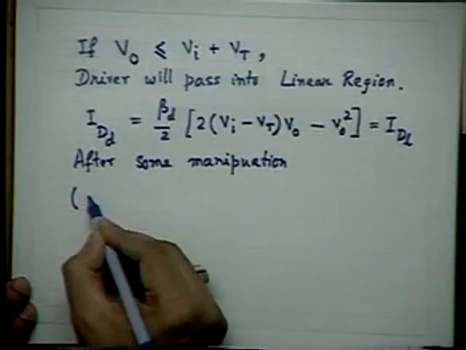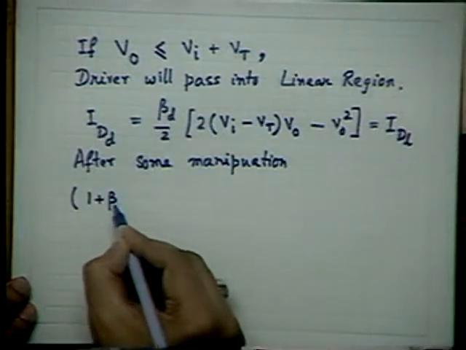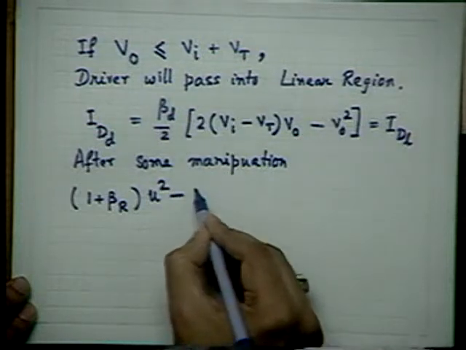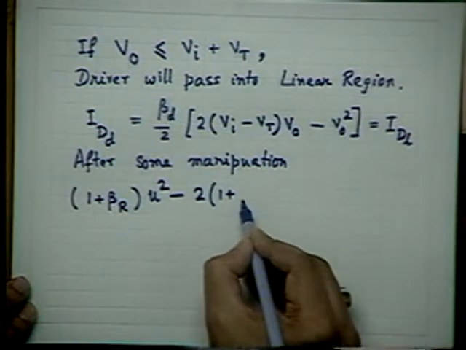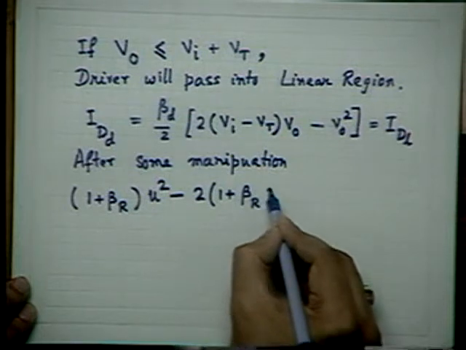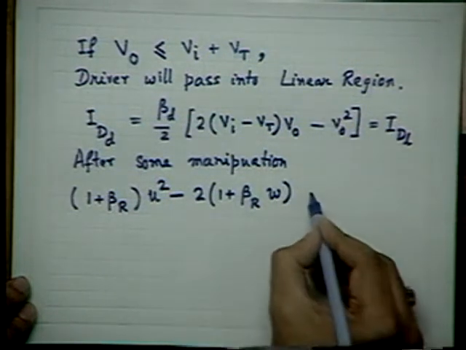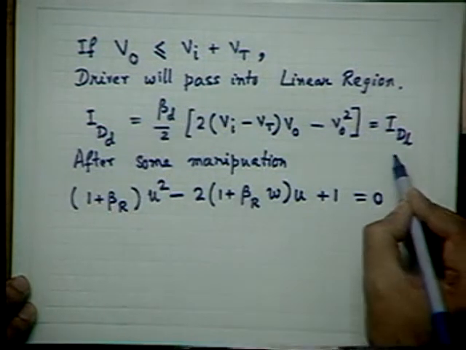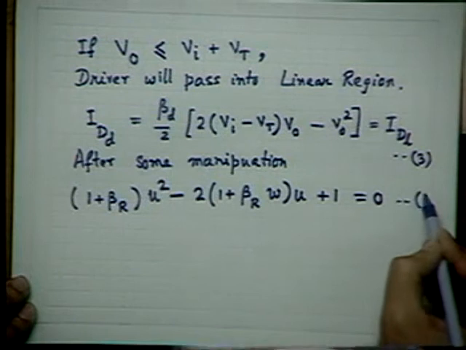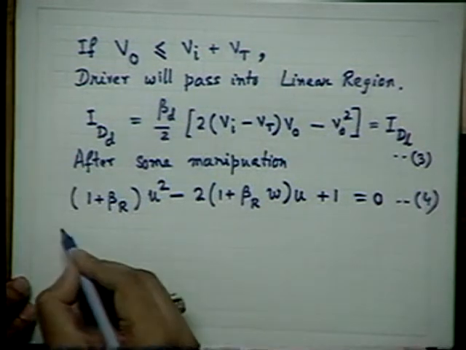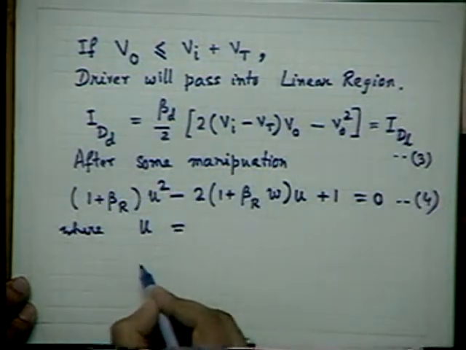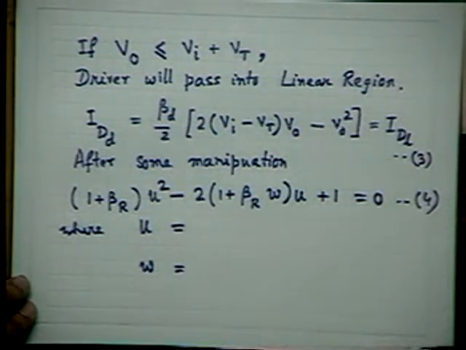And that comes in this particular form, which is like this, where U and W are the normalized output and input voltages.